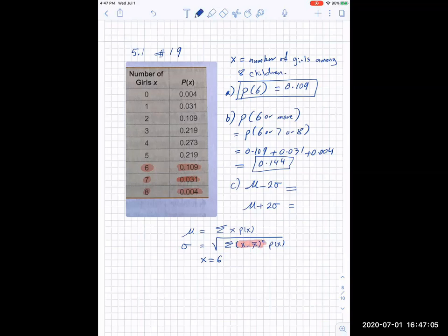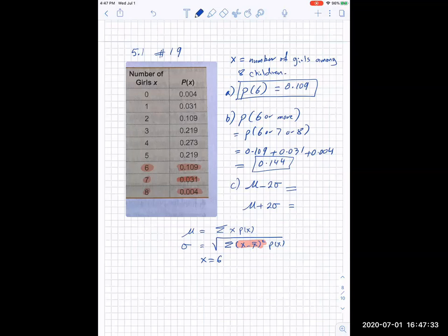What I got in my notes, unless I copied it wrong, is the standard deviation is equal to the square root of the sum. Oh, I see. No, actually, there are two formulas in the book. I'm using one of them. This is one of them here.